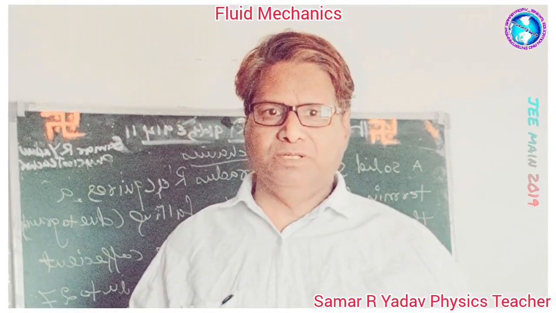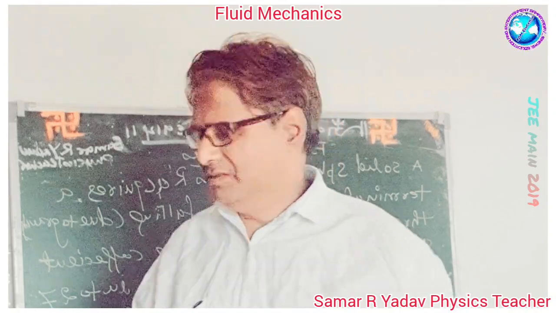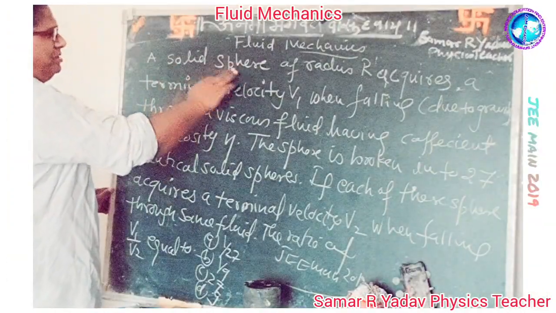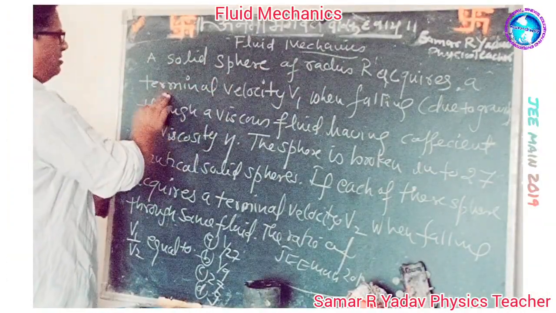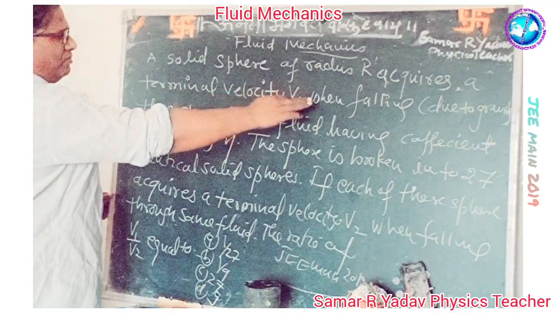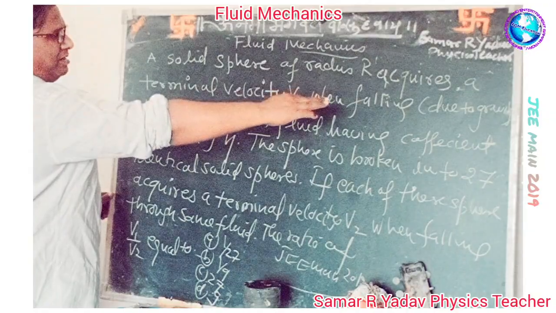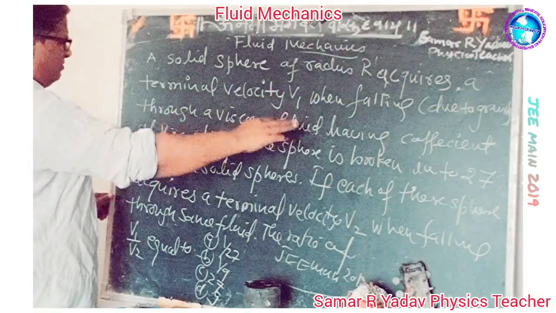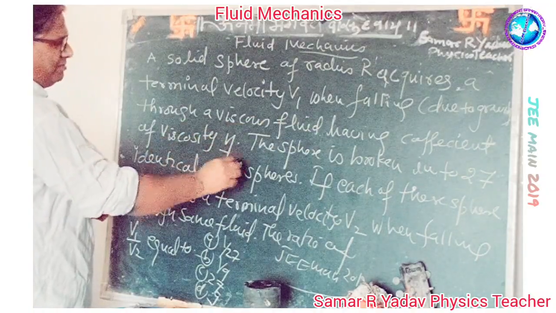The multiple choice question is like this, you can see here. A solid sphere of radius capital R acquires a terminal velocity v1 when falling under gravity through a viscous fluid having coefficient of viscosity eta.